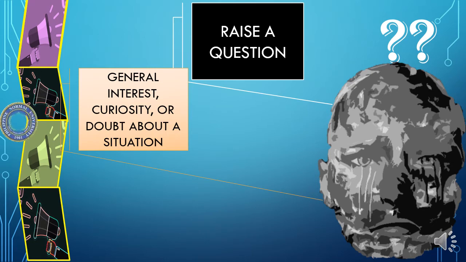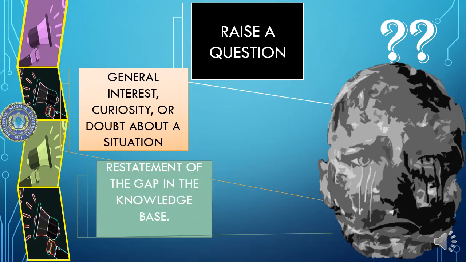In crafting a research problem, you move from general interest, curiosity, or doubt about a situation to a specific statement of a research problem. And third, the purpose statement is a restatement of the gap in the knowledge base.